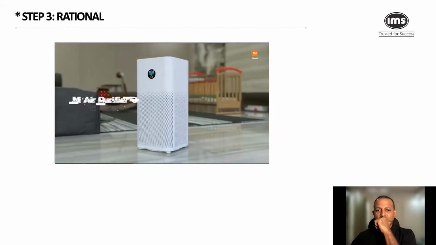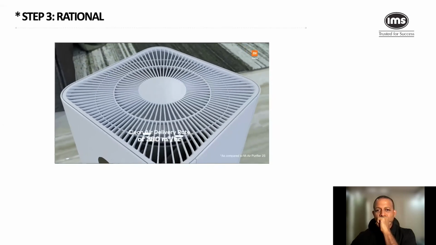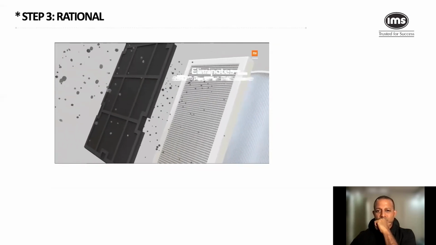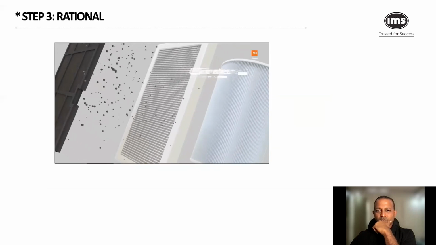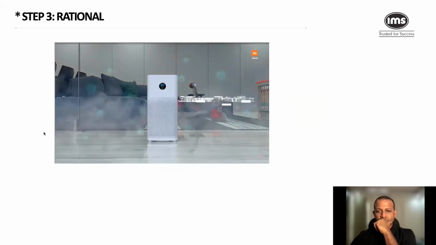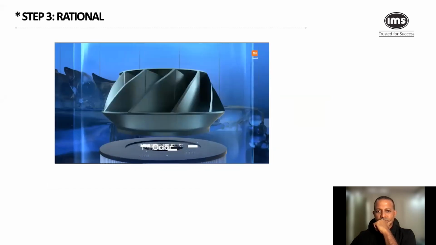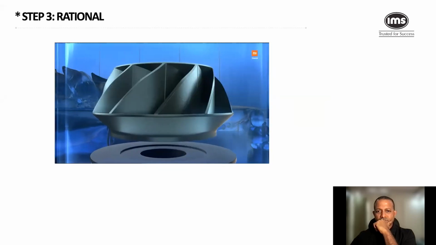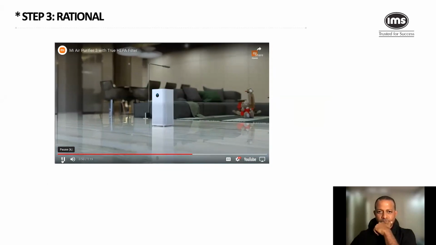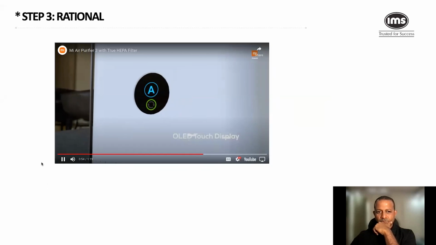Introducing the all-new Me Smart Air Purifier 3 with a 22% improved performance, with a true HEPA filter that eliminates 99.97% of pollutants in the air. A 3-layer composite filtration lined with activated carbon effectively removes pollutants, PM 2.5, odor, and harmful bacteria. Precise laser particle sensor detects air quality and sets up automatically. Simply touch to switch between modes.